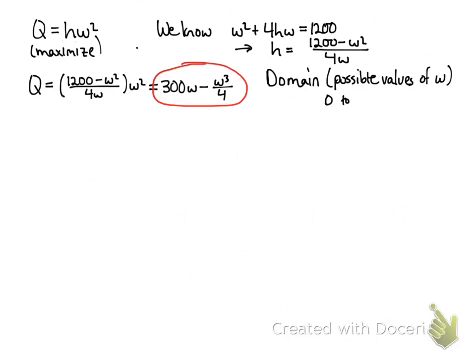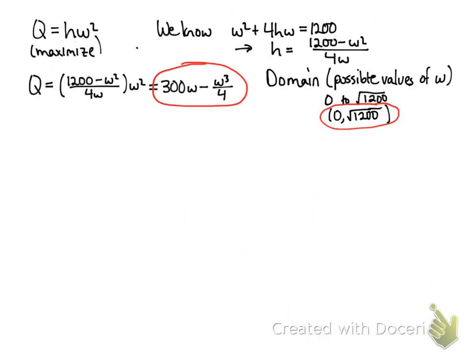And the biggest it could be would be the biggest I could make the square base given the constraints on material. Well, I have 1200 square centimeters of material, so I need that base to be area 1200 or smaller. And so the square root of 1200 is the biggest. In fact, I can't quite get to the square root of 1200 because I need a little bit left over for the height of the box.